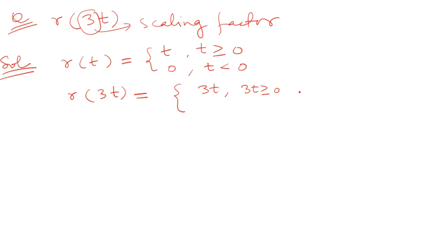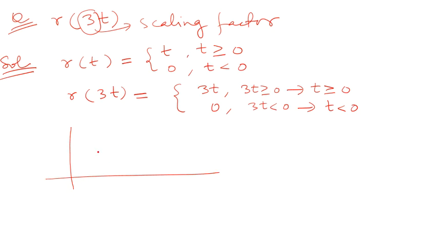So it will be 3t greater than or equal to 0, which simply means t greater than or equal to 0, and it will be 0 for 3t less than 0, that means t less than 0. So r(3t) will start from the origin, but its slope will be somewhat greater than the normal r(t) waveform.